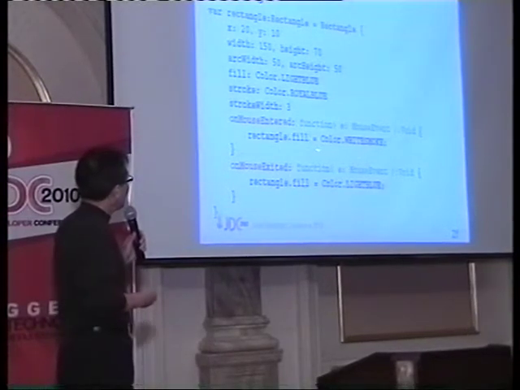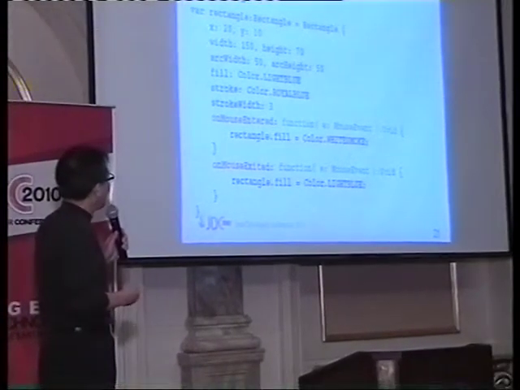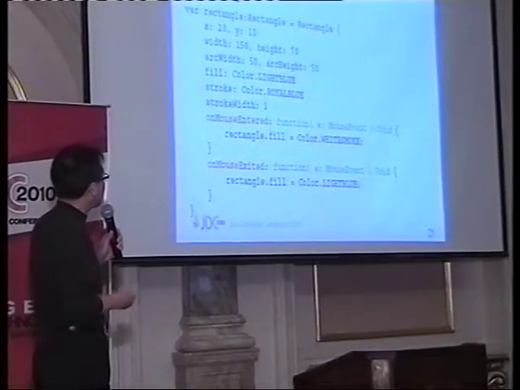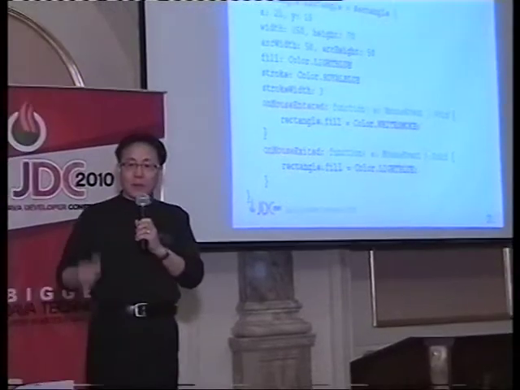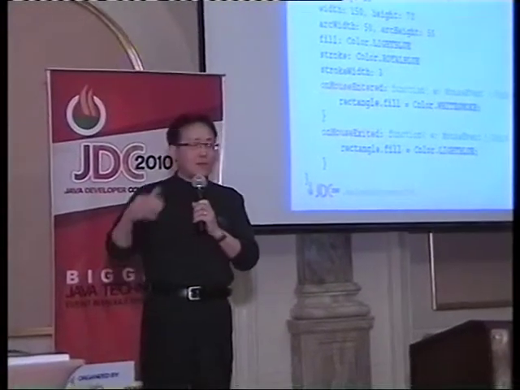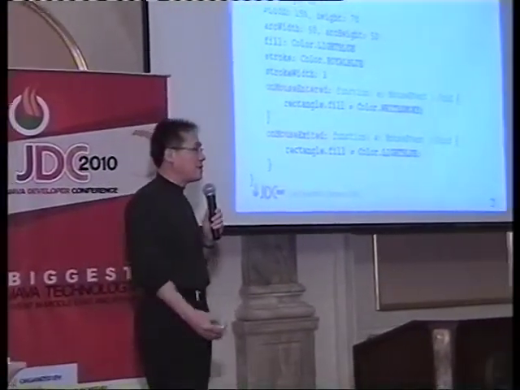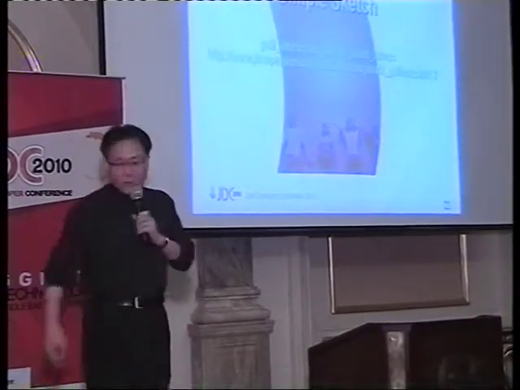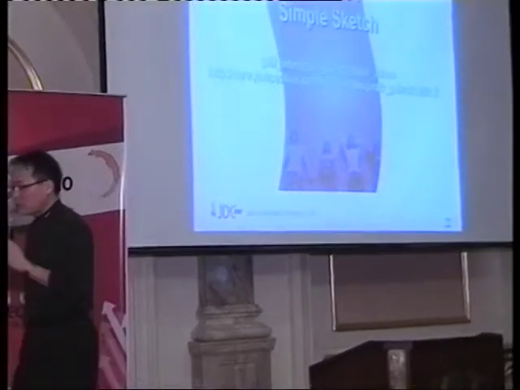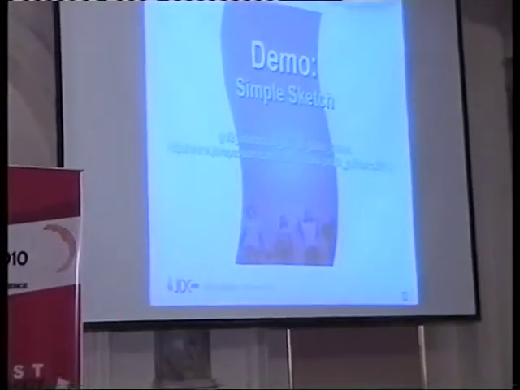So basically, I'm changing the color of the rectangle to white or light blue, depending on my mouse movement. You can also apply the same thing with the keyboard. Okay? Pretty straightforward concept. So this is a very simple application that you can use to do some sketching.